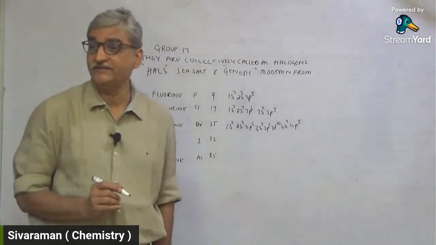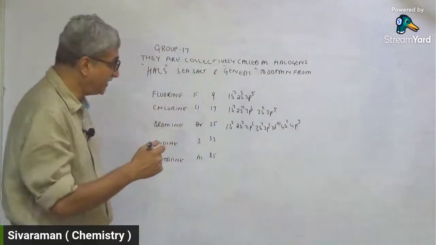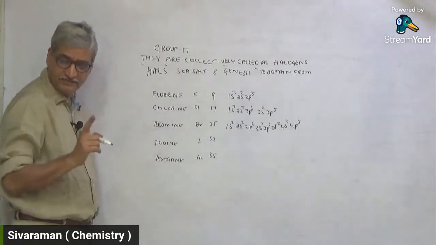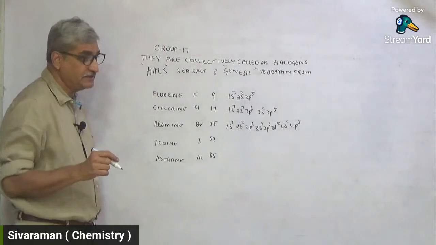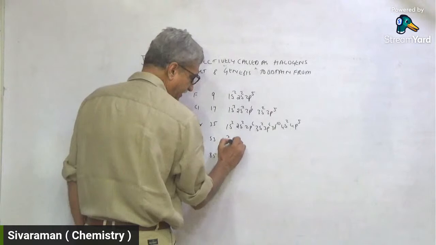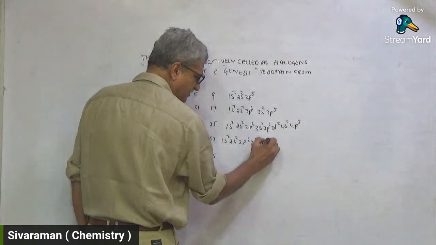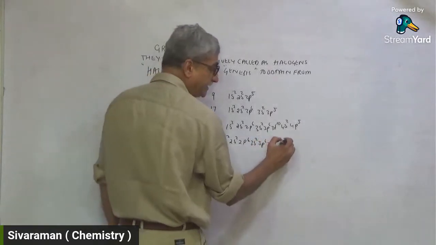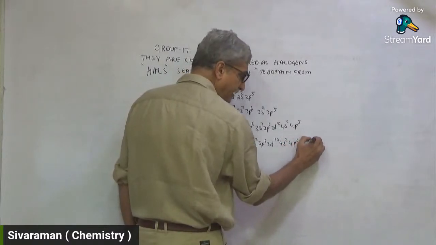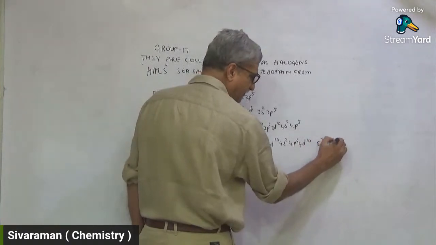57 to 71 was lanthanide, so 4f was getting filled. So this is 53. Here 4f will not get filled. The first element in which 4f is getting filled is atomic number 57. So this will be 1s2, 2s2, 2p6, 3s2, 3p6, 3d10, 4s2, 4p6, 4d10 but not 4f14, so you have 5s2, 5p5.